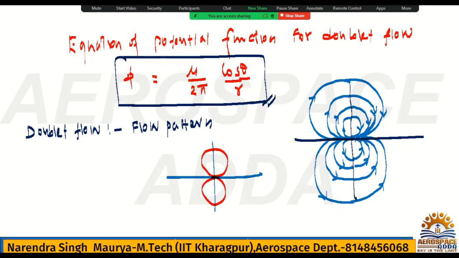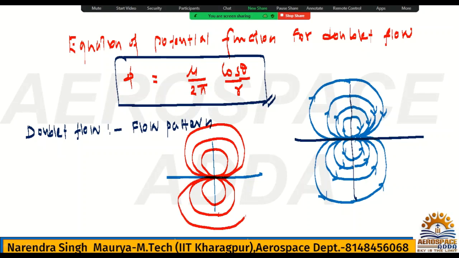Okay, this is the actual doublet. We have seen it, right? So this is the flow pattern for the doublet flow. Understood? Okay.